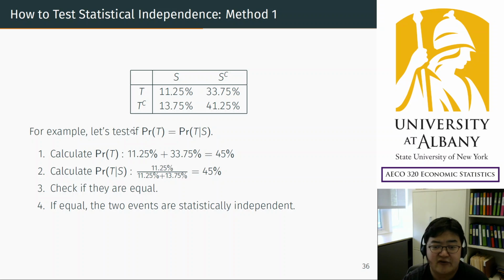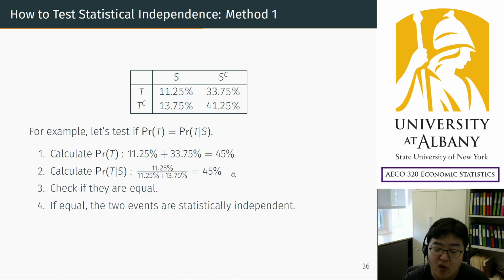To see this, first I'm going to calculate unconditional probability. Simple. Unconditional probability of high tuition. This event includes these two outcomes. So probability is 45%. And conditional probability: among high salary earners, high tuition is 11.25%, which is again 45%.